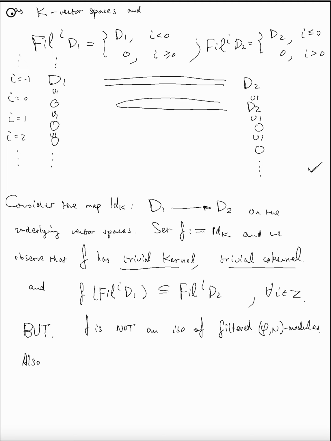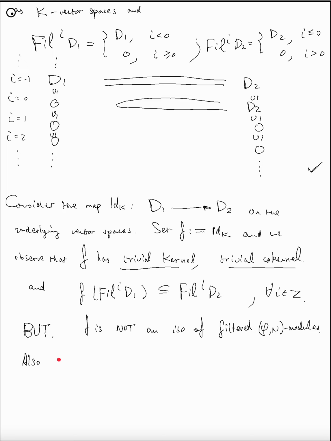So D1, D2 are not isomorphic as filtered finite modules because they have different filtrations, right? But there exists a map between them which has trivial kernel and cokernel. If it were an abelian category, then trivial kernel and cokernel would imply an isomorphism, but indeed they're not.